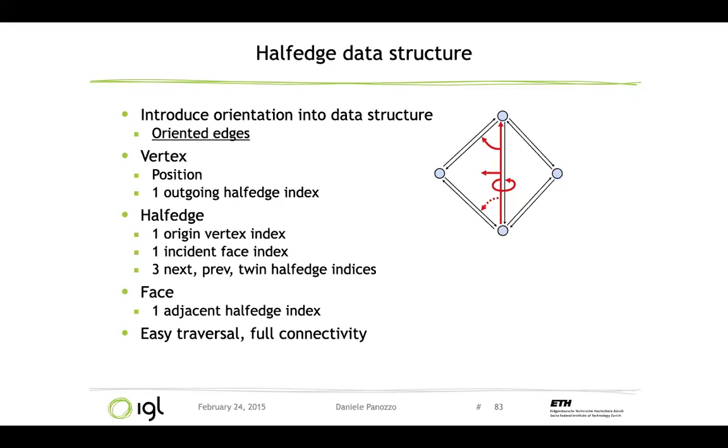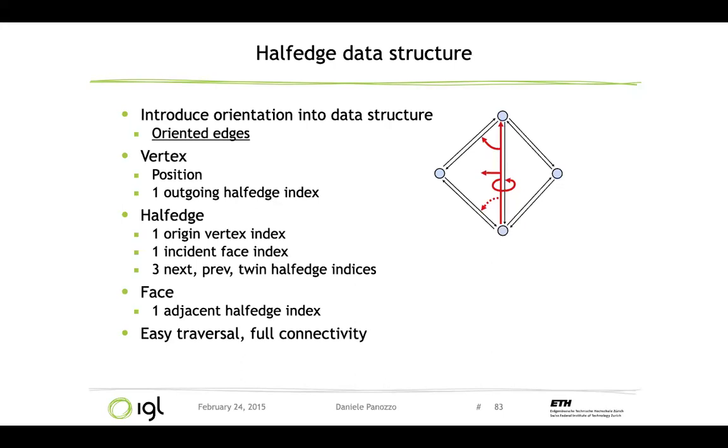So here you have one edge that has this bold half edge and this light half edge. And here are the pointers to the next and previous half edges. And so here we have the complete loop of this face. And all the connectivity is defined by the half edge. The vertex is just a way to go from a vertex to a half edge, and the face the same: a pointer that goes from the face to a half edge.